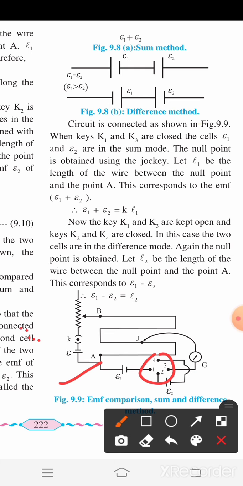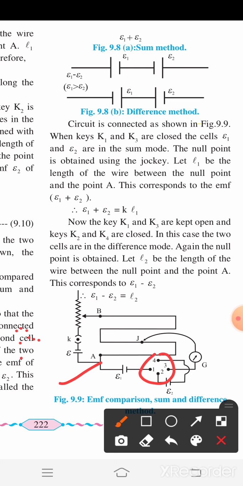That is, the potentiometer wire AB is connected to the source of EMF E, plug key K, and rheostat RH in series, and the positive terminal of the source of EMF is connected to A, so that A is the higher potential point as compared to B. The positive terminal of cell E1 is connected to the higher potential point A, the negative terminal of cell E1 is connected to the positive terminal of cell E2, and the negative terminal of cell E2 is connected to the galvanometer, and the galvanometer is connected to the jockey.